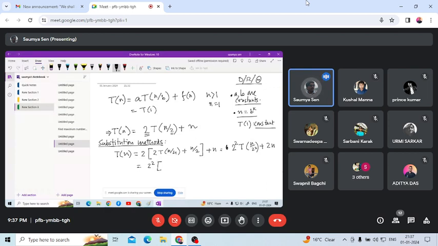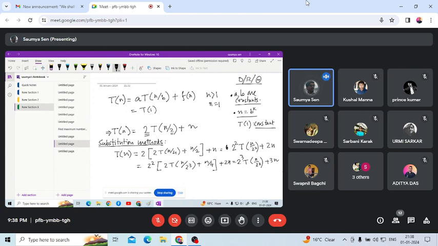Again, if you apply the recurrence, you get 2T of n by 2 cube plus 4 into n by 4 plus 2n. That is equal to 2 cube T of n by 2 cube plus 3n.